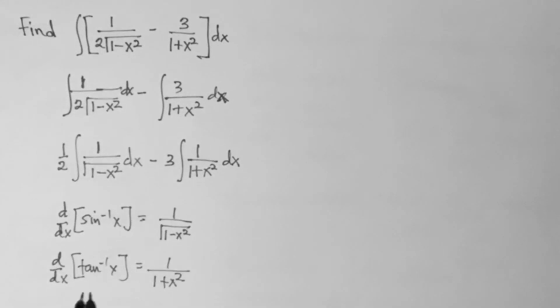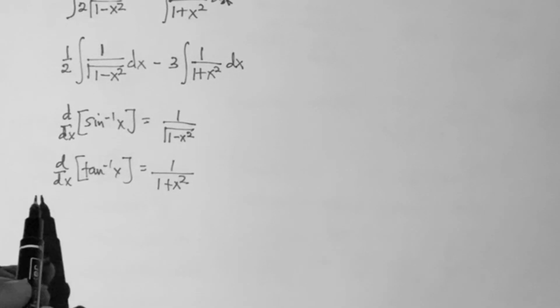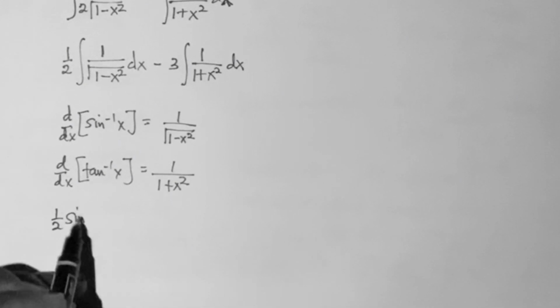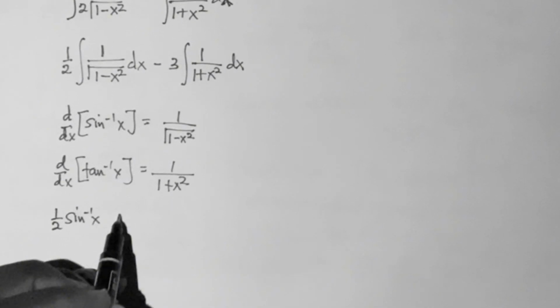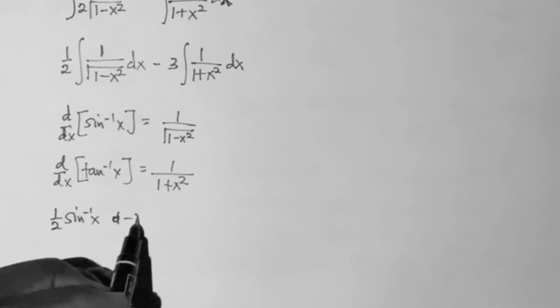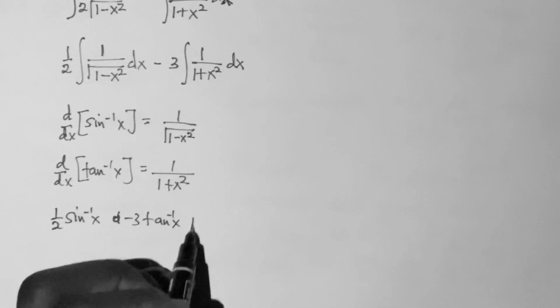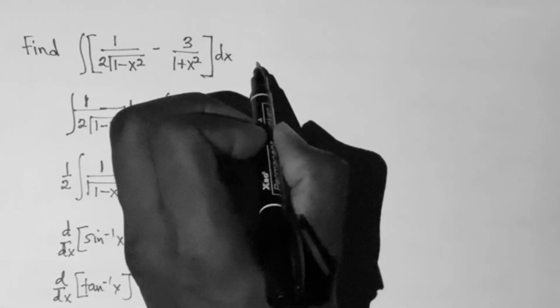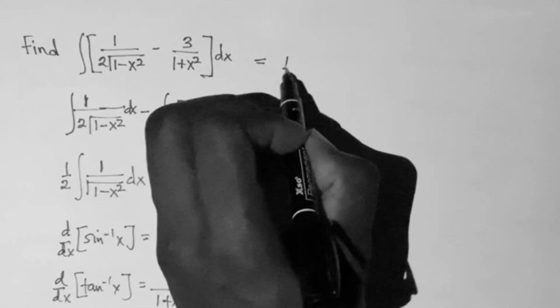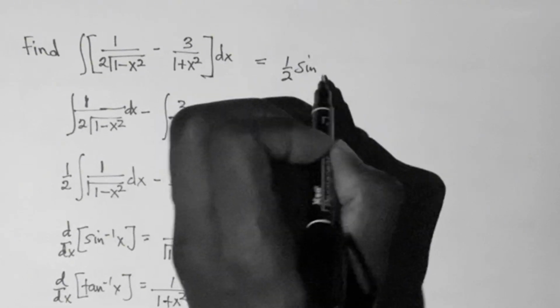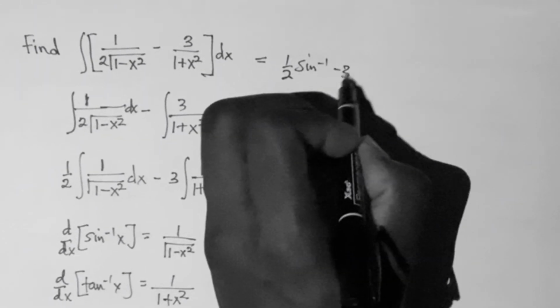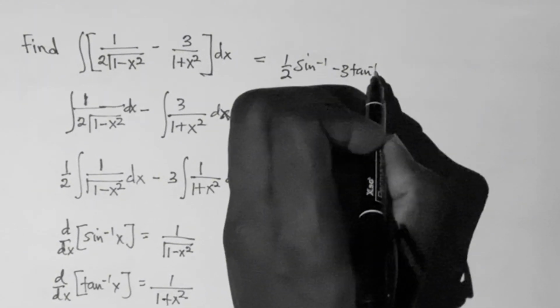So this one is tan inverse of x. And therefore the integral becomes half of sine inverse of x, minus 3 tan inverse of x plus c.